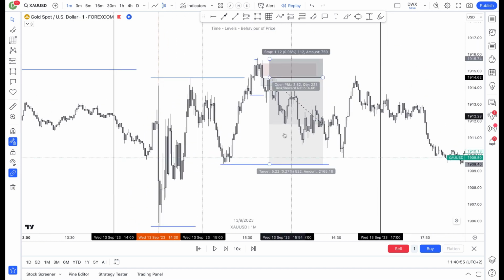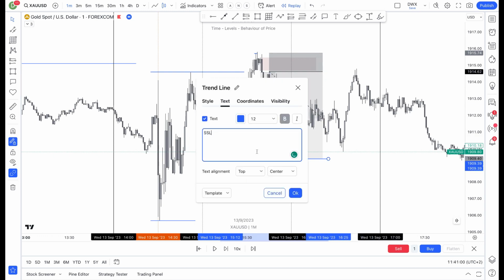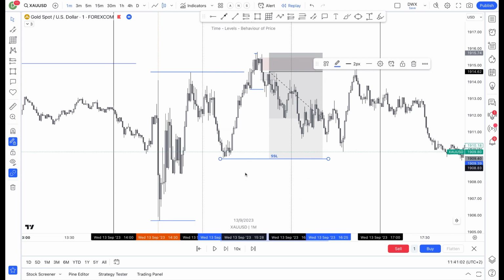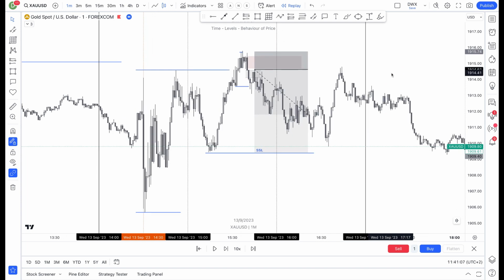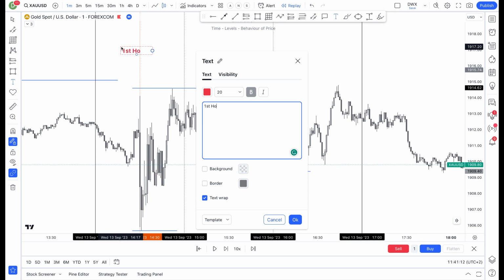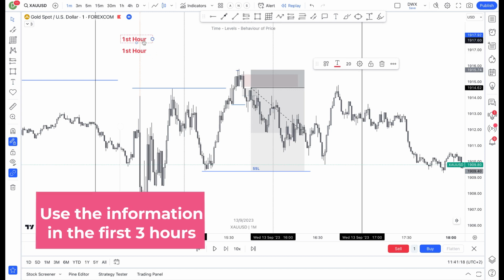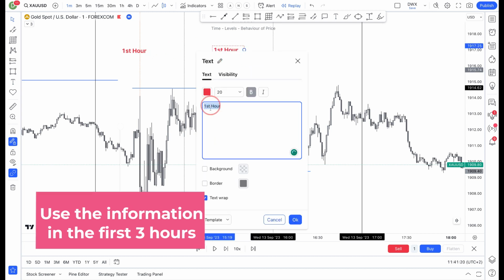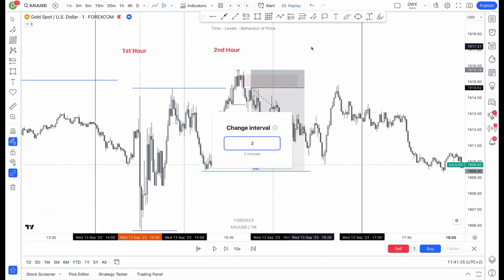So if we just go into a little bit more detail and add some annotations in here, this is sell side liquidity created in the second hour of the session. So if you want to structure this, we can have a look at the first hour like that of the session, and then we have the second hour, and then the third hour as well.